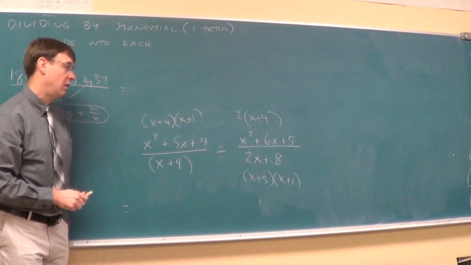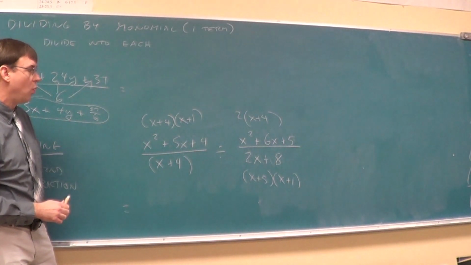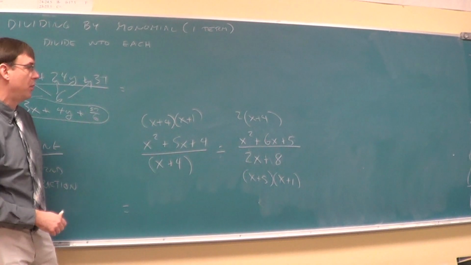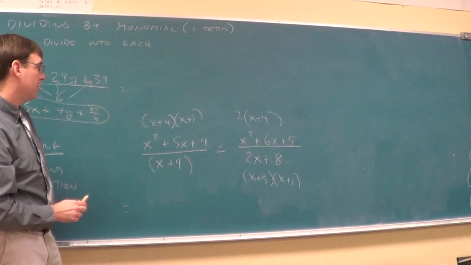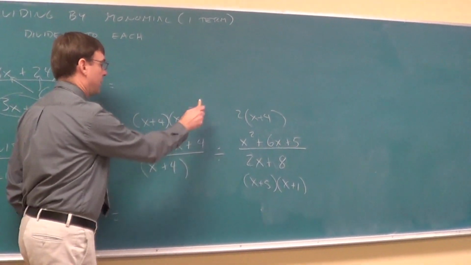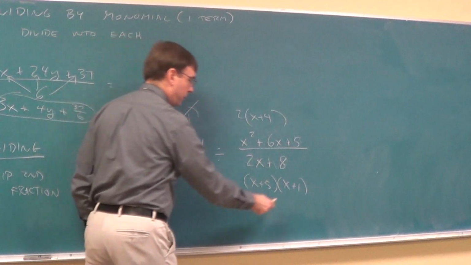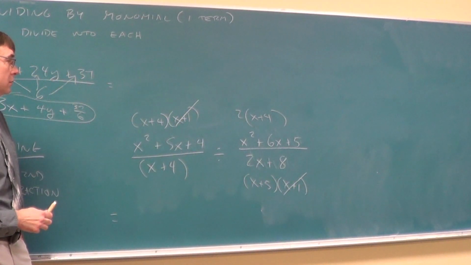So step 1 is still factor everybody, but I'm gonna do also at the same time like step 1A, I'm gonna flip the second fraction. I'm gonna put stuff upside down. So cancelable pairs, x plus 1s for sure. So there's 1 on the top, there's 1 on the bottom, so get rid of those.